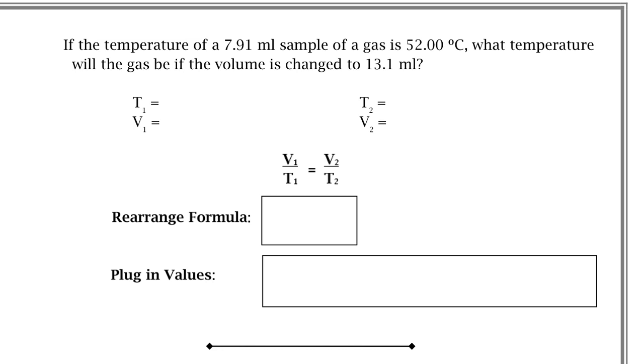What are you sliding underneath? See how, hang on one second. You've cross-multiplied this great. Let me see your pencil. So here's our unknown, right? Whatever's next to my unknown is going to slide underneath. So now this should be V2 times T1, and then divided by V2, or sorry, T2.